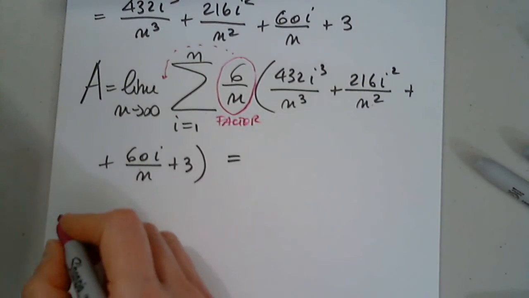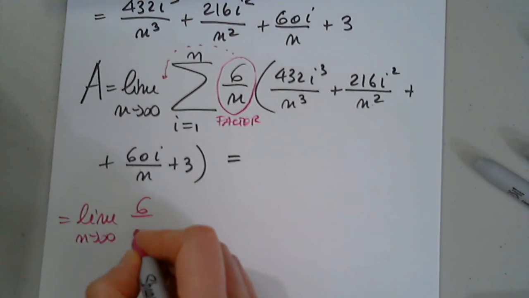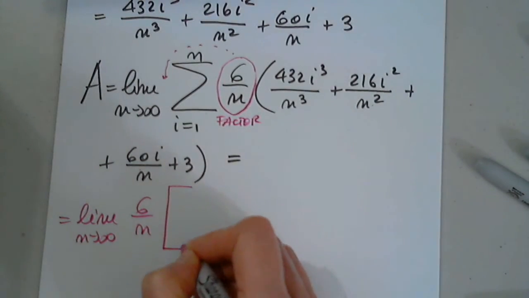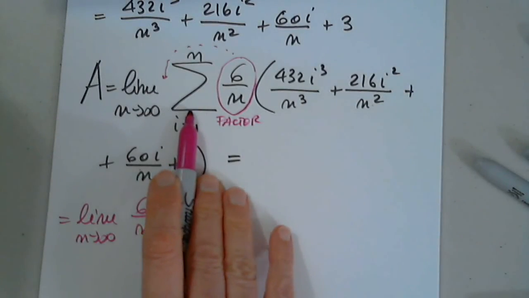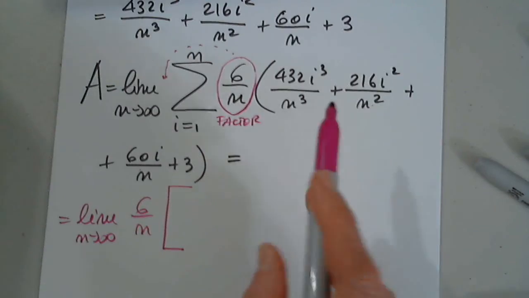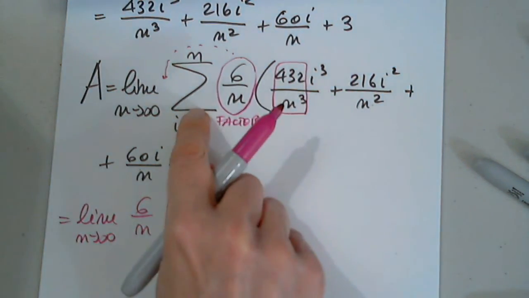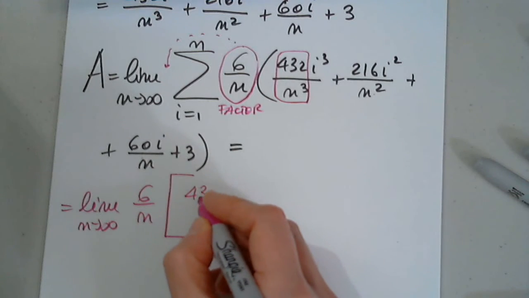So this is limit as n approaches infinity, 6 over n, bracket. When I apply the sum to this piece, the factor goes in front of the summation notation.